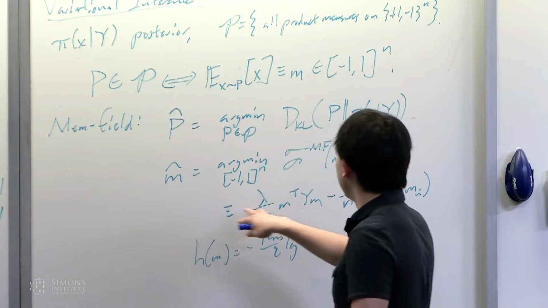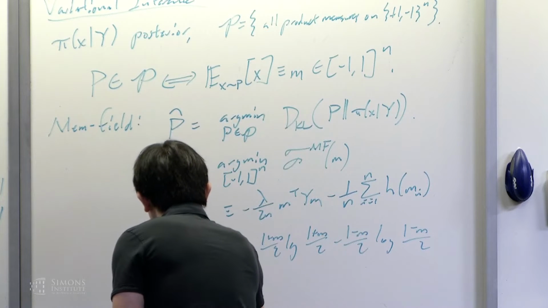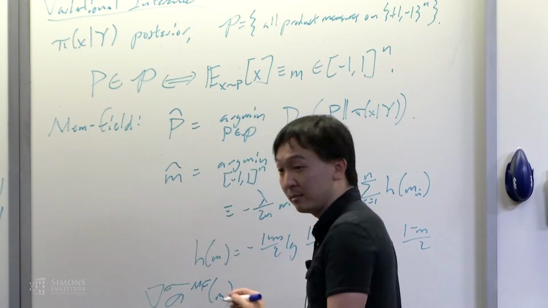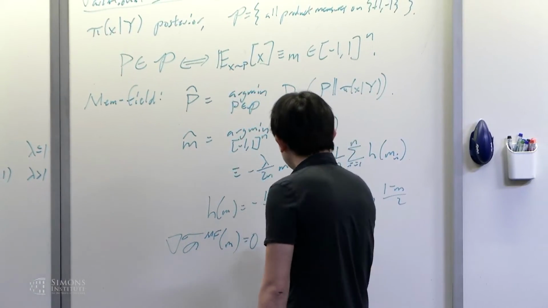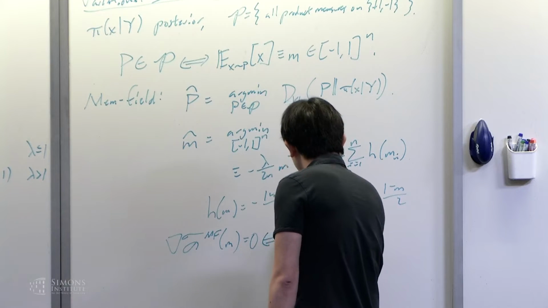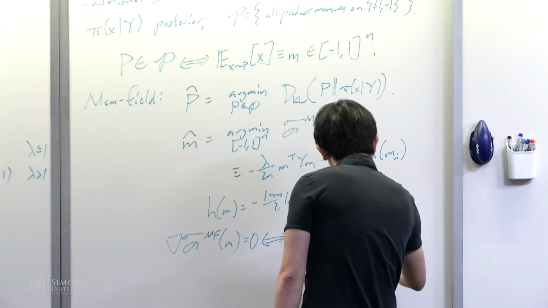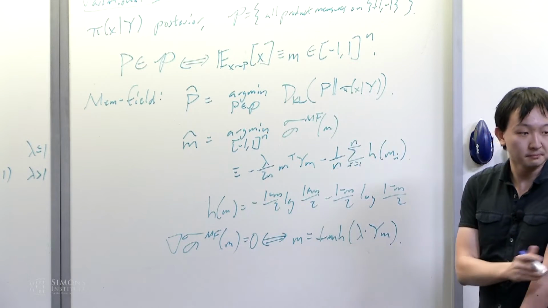So if m hat minimizes this objective, then it has to satisfy the first order stationarity condition, which is that the gradient of this mean field free energy at m has to be equal to 0. If I differentiate this and compute this gradient, I can rearrange it as the equation m equals the hyperbolic tangent of lambda times y m. So this is the mean field equation.